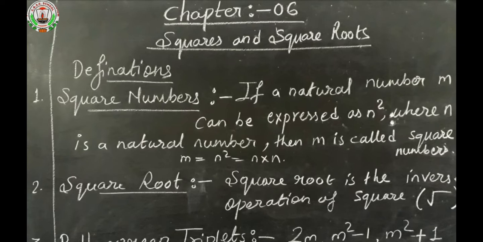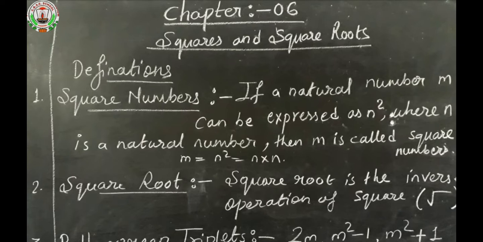So 4 into 4 will be 16. So the square of 4 is 16. Similarly, 5 square, 5 to the power 2 is equal to 5 into 5, that means 25. So the square of 5 is 25, isn't it? So like that the square numbers are there.